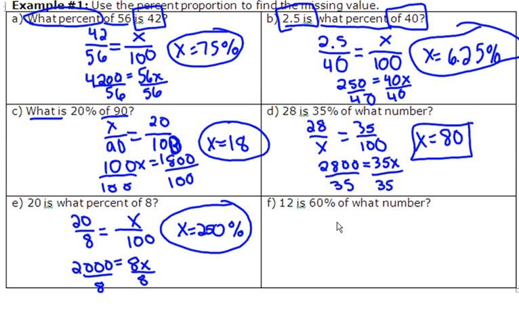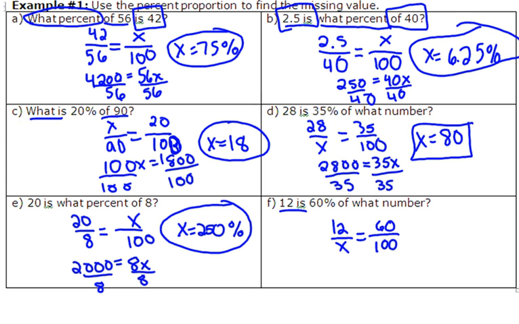Now F, 12 is 60% of what number? So now they're giving me a percentage because I can see the symbol. So I've got my one ratio, 60 over 100. This one says 12 is, and of what number? So I'm given the is, so that goes on top.